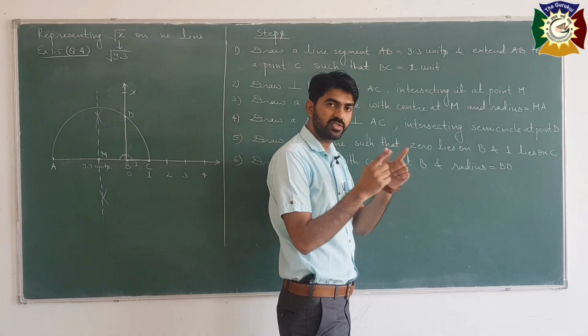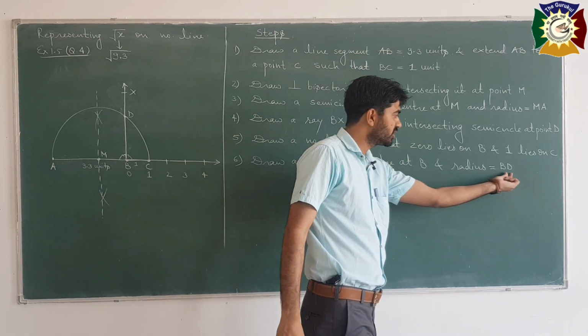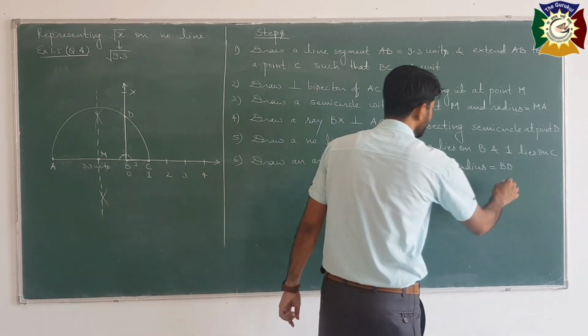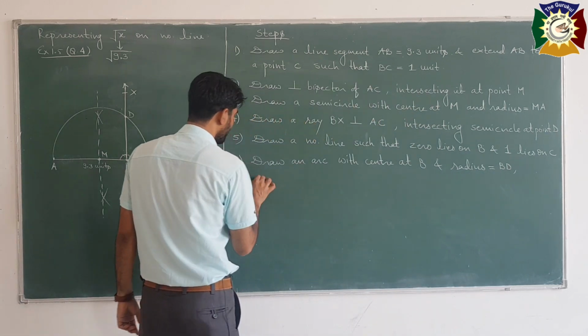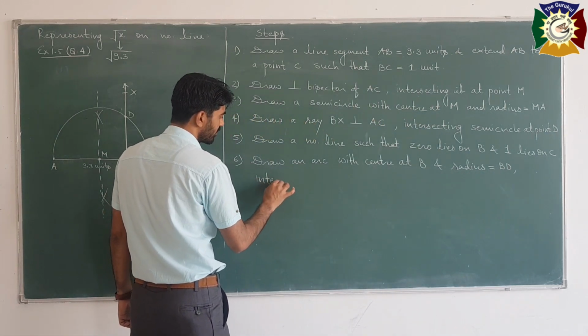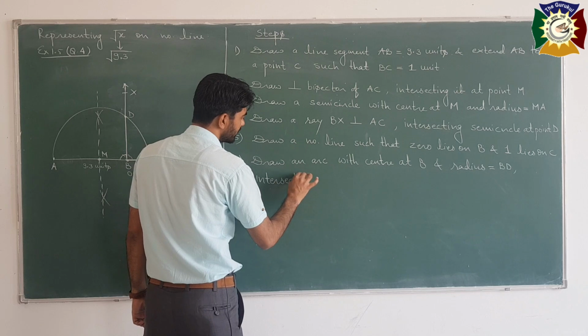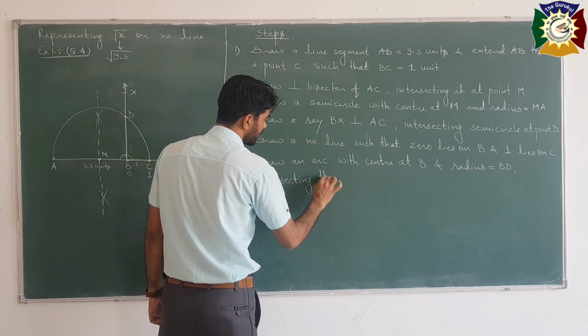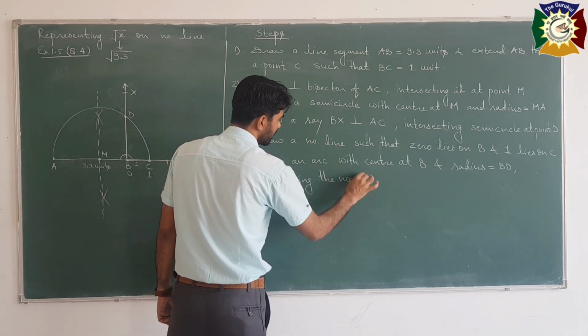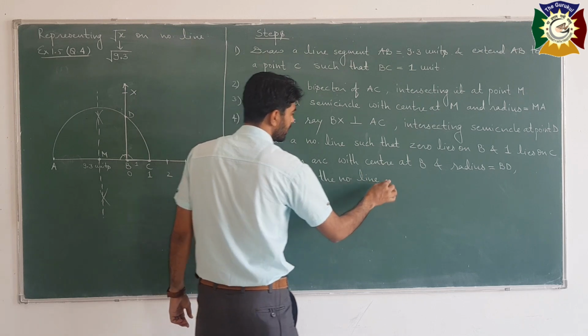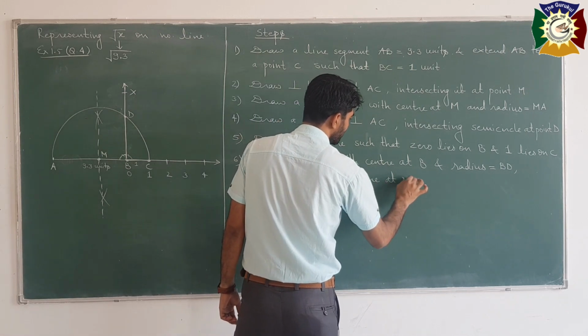Radius means how much compass we have to open, it must be equal to BD. Intersecting the number line at point P.